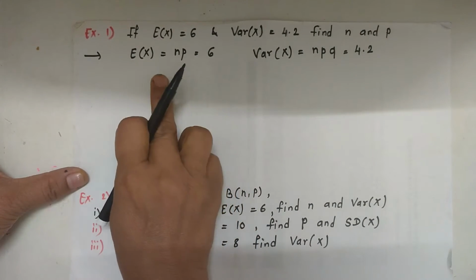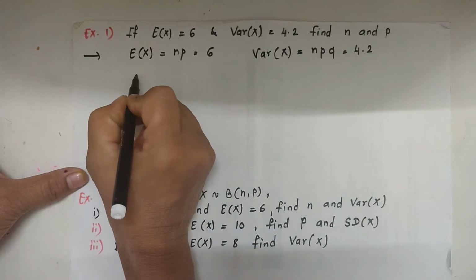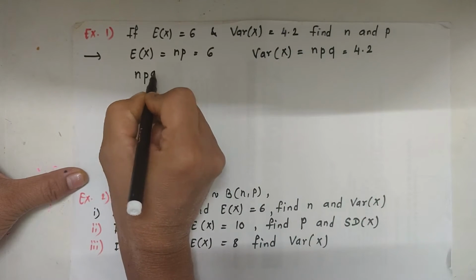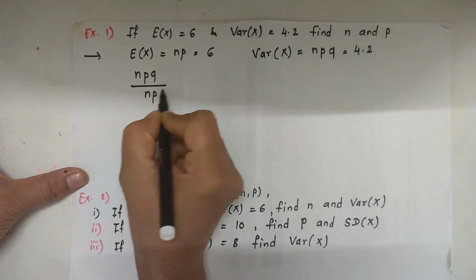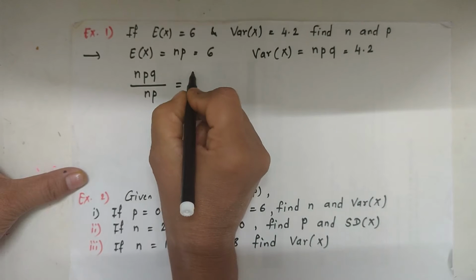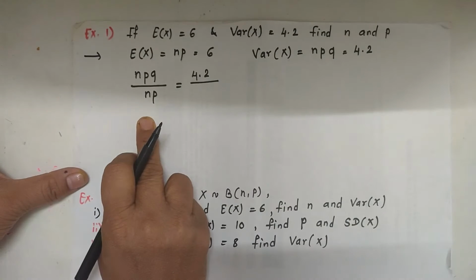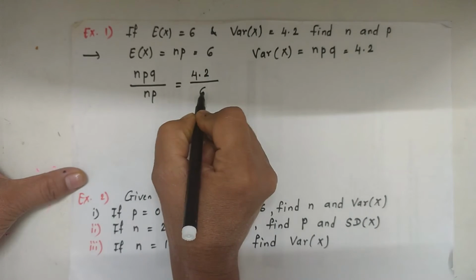Taking the ratio of these two values, npq divided by np, where npq is 4.2 and np is 6.